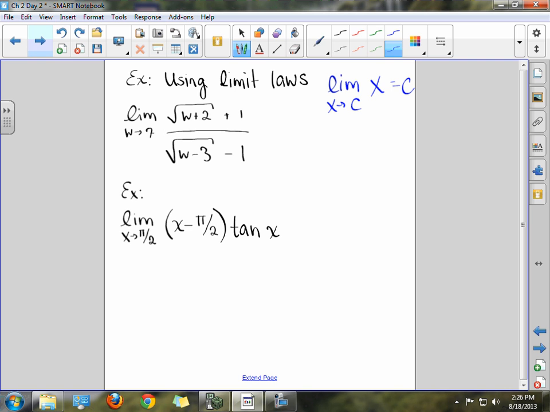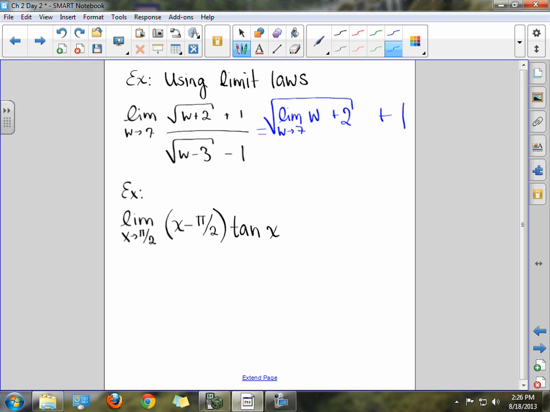So then what we can do is use what we just learned about the limit laws. We're going to use the quotient rule. We're going to pull it inside of the root, and we're just going to evaluate it like this. So we're going to have the limit as w approaches 7 of w plus 2 plus 1.